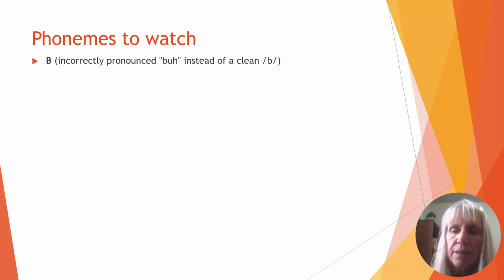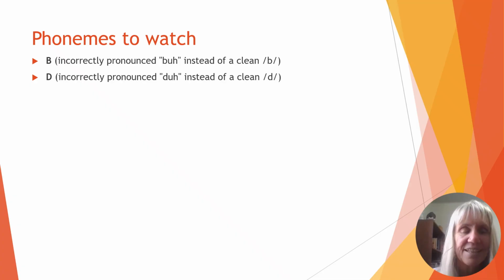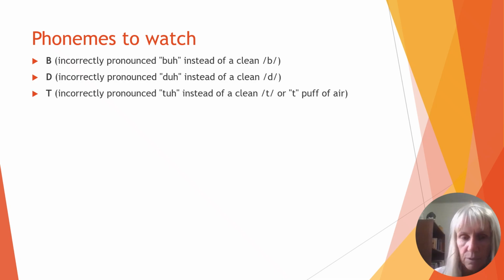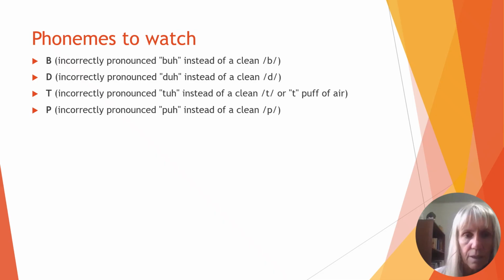So the P often incorrectly gets pronounced as puh, instead of a clean p, p, p. I'm doing it again because I want to go puh. B incorrectly pronounced buh instead of a clean b, b, b. Pull it back. T incorrectly pronounced tuh instead of a clean t, t, t. D incorrectly pronounced duh instead of a clean d, d, d.